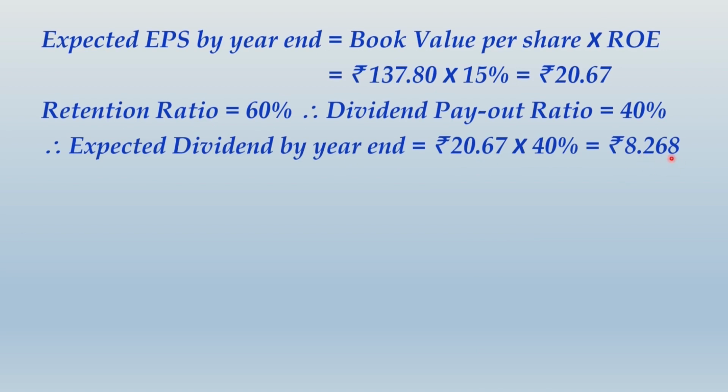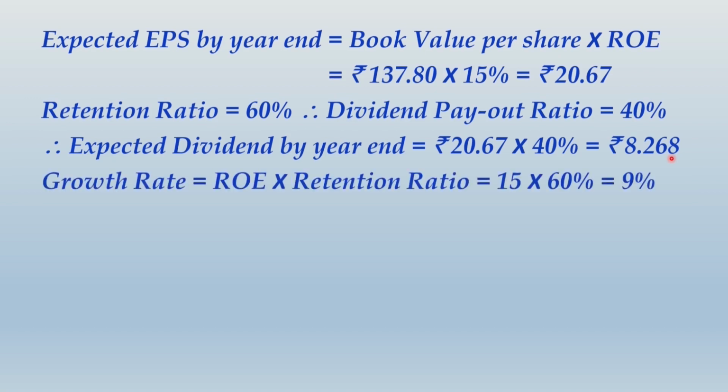And one more thing that you should now work out is growth rate, which is return on equity multiplied by retention ratio. So it is 15 into 60%, that would be 9%. So friends, once you work out this much, you have enough information to calculate P0. But before we calculate P0, quickly write up this much, what you find on screen.